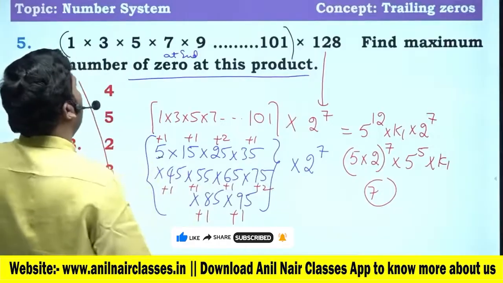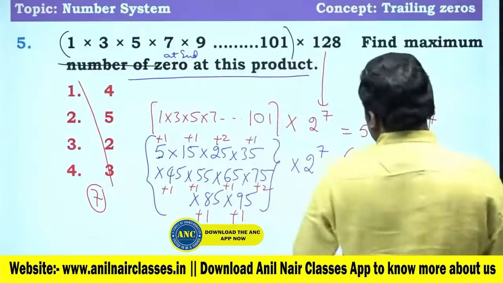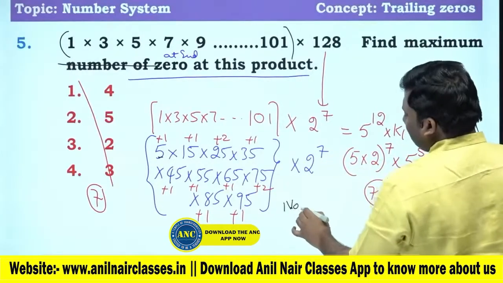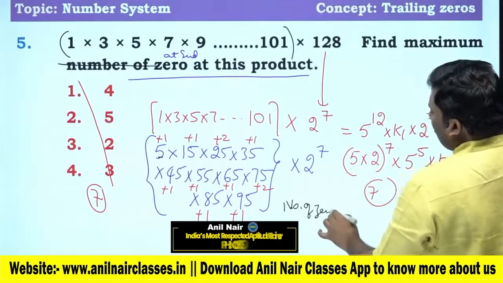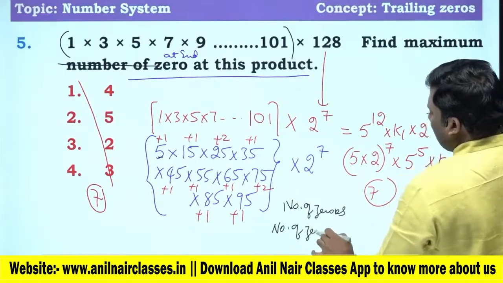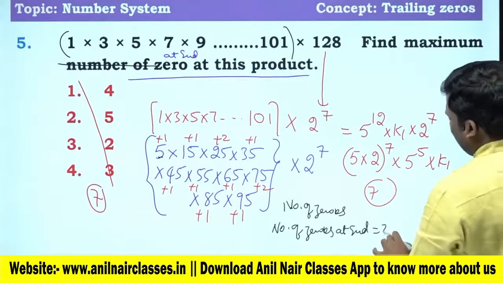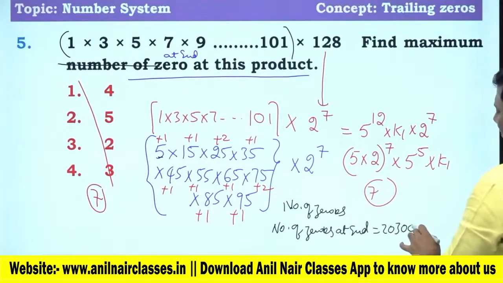To get the maximum number of, there is a difference between, see here, the English statements: number of zeros, and number of zeros at the end. Take 20300.